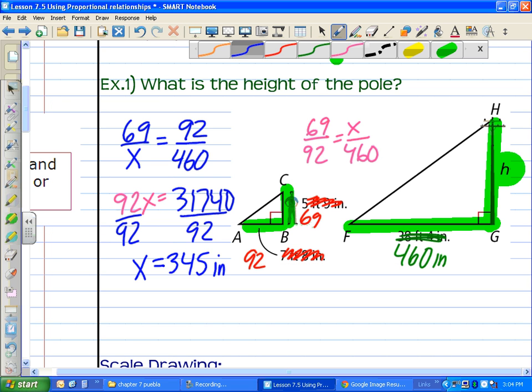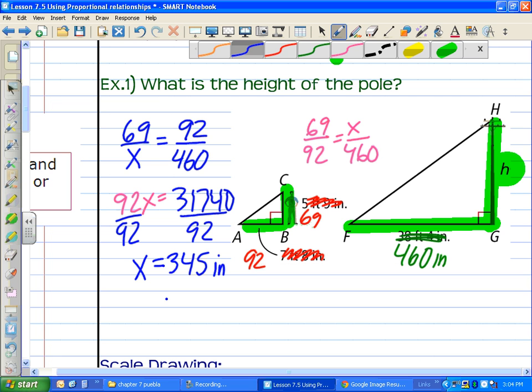Now I have 345 inches. So if I asked you to make this into feet and inches, you would see how many times 12 goes into 345. It looks like 12 goes into 345 28 times.